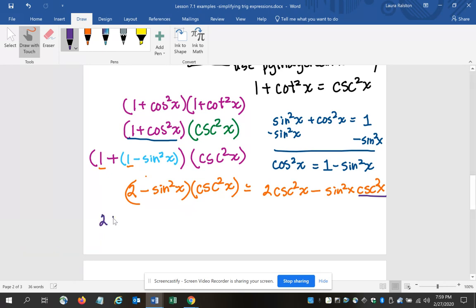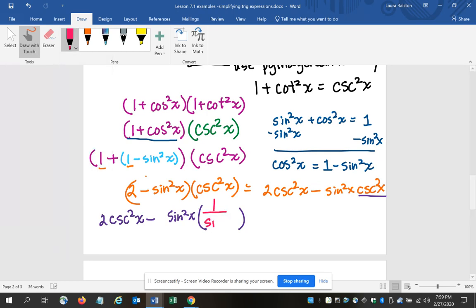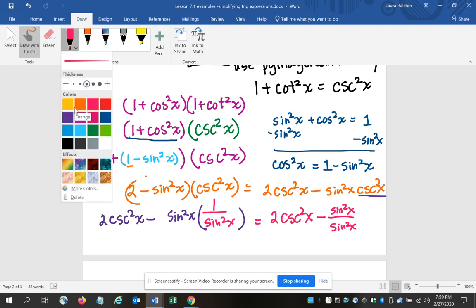So I'm going to use the reciprocal identity, and that would make this 1 over sine squared x, which gives me 2 cosecant squared x minus sine squared x over sine squared x when you multiply it together, which hopefully you realize is going to be a value of 1.